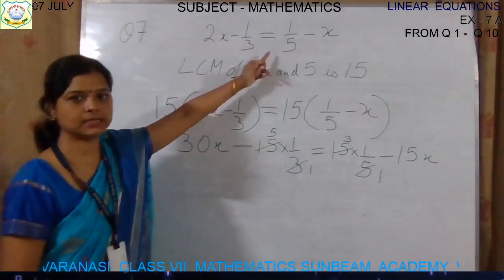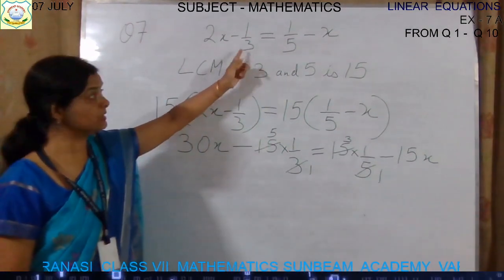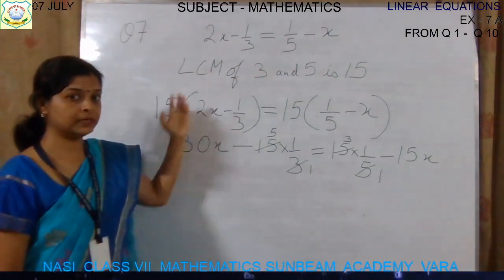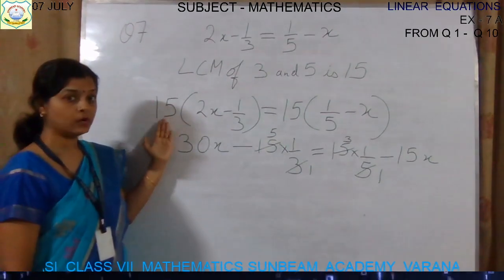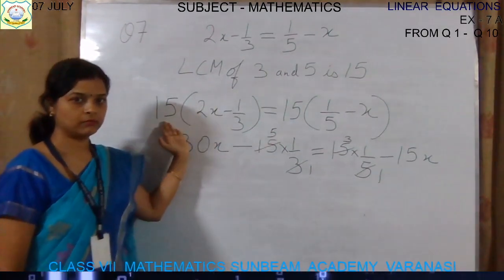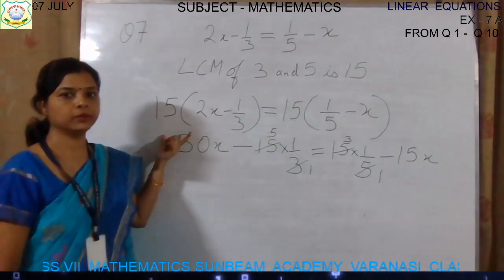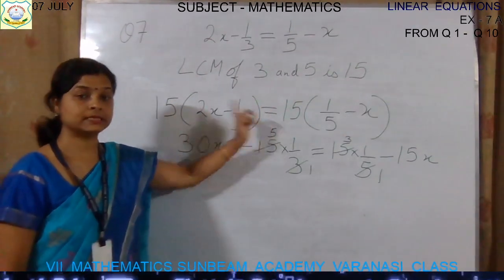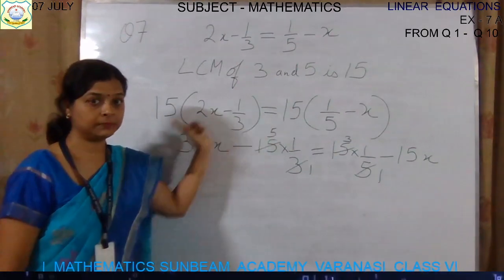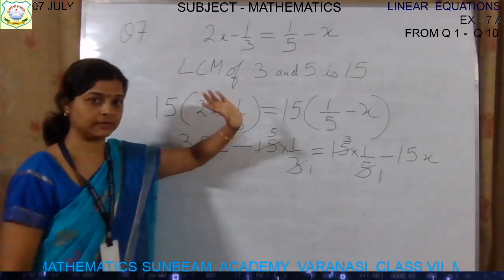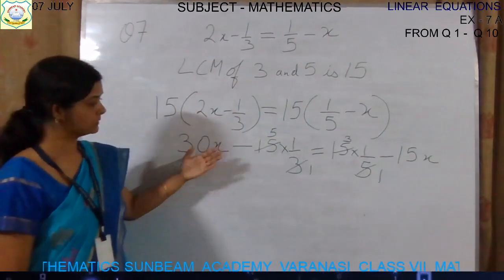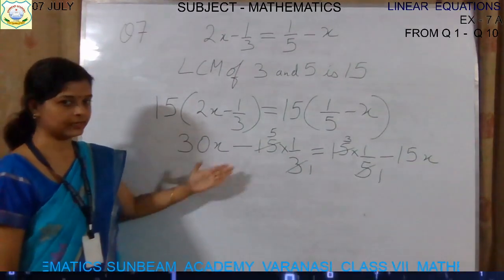First take the LCM of all the denominators in the question. Multiply that LCM on both sides. Why on both sides? Because of this equality sign. Whatever we do here, we do the same action on that side. Open the bracket and solve it.